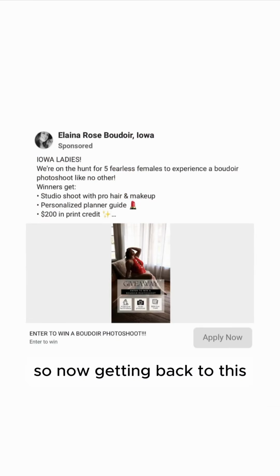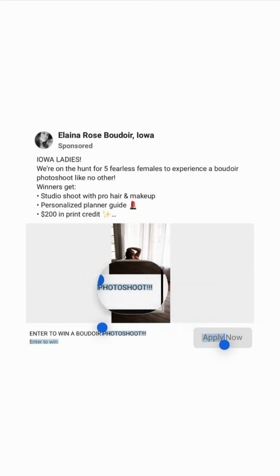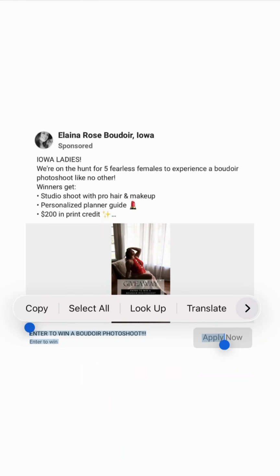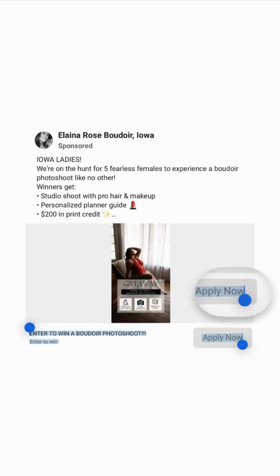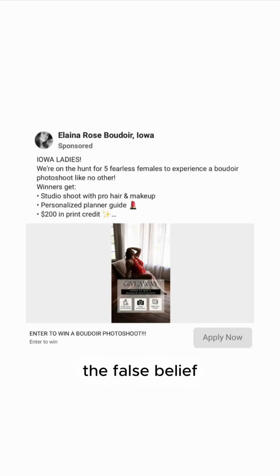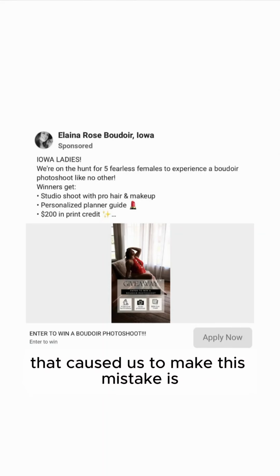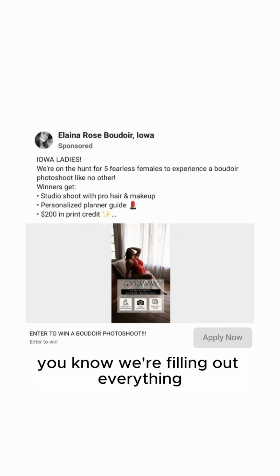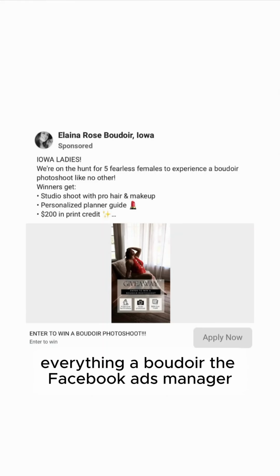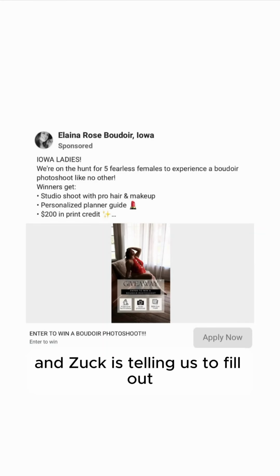So now, getting back to this, we're going to diagnose to see if we believe it has BLCS, yes or no. So we've got the below creative cluster mistake here. The false belief that caused us to make this mistake is, we're filling out everything in the Boudoir Facebook Ads Manager that Zuck is telling us to fill out.